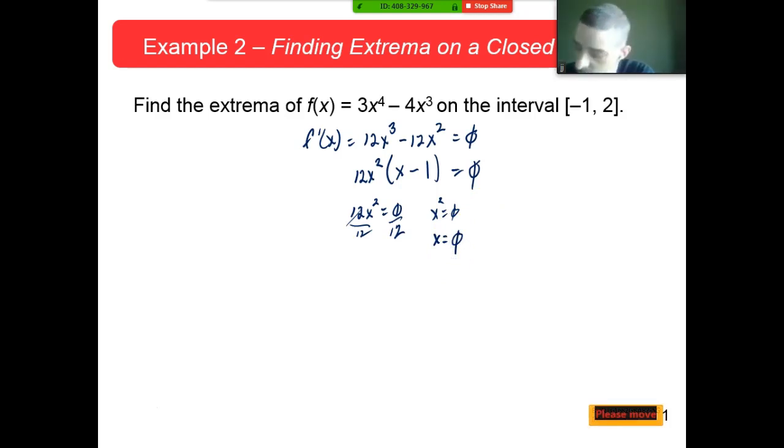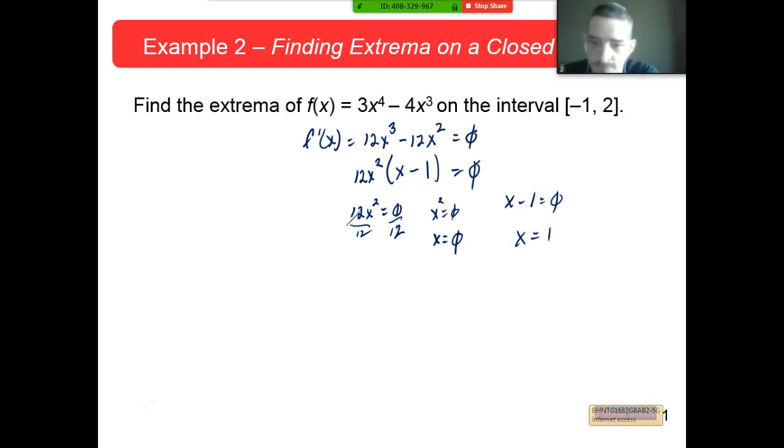Okay, that's one factor. What's your other factor? x minus 1. Set that equal to 0. And what does that give you? Did someone say x equals 1? Yeah, x equals 1.